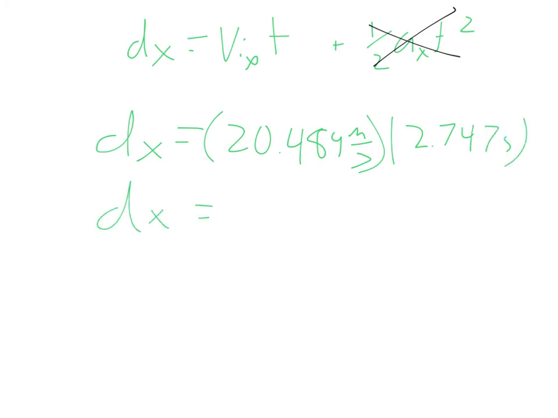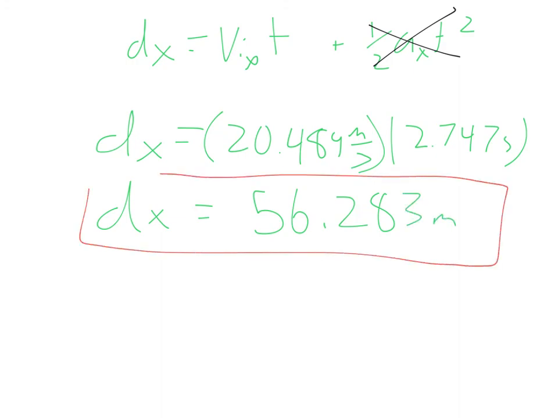Throw that in your calculator and get a distance of 56.283 meters. The kicker is 56.283 meters from the goal.